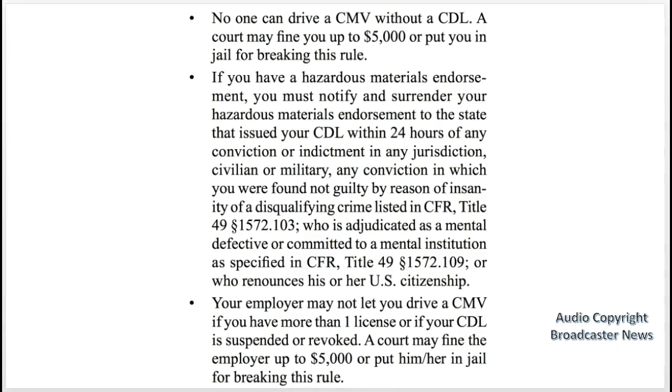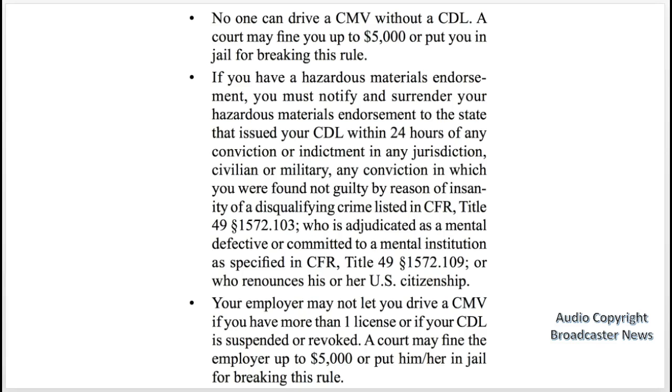No one can drive a commercial motor vehicle without a CDL. A court may fine you up to $5,000 or put you in jail for breaking this rule. Now, if you have a hazardous materials endorsement, you must notify and surrender your hazmat endorsement to the state that issued your CDL within 24 hours of any conviction, civilian or military.